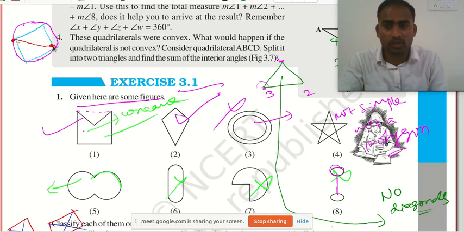So I can join these two vertices, and this diagonal is nothing but a diameter of the circle. Understood? What is the diameter of a circle? Diameter is the diagonal of a square inscribed in a circle. That is known as a diameter. So a circle has a diagonal.